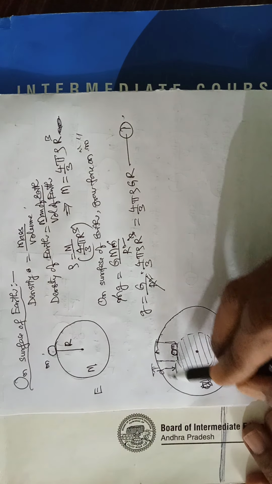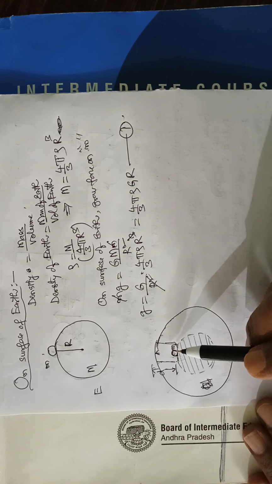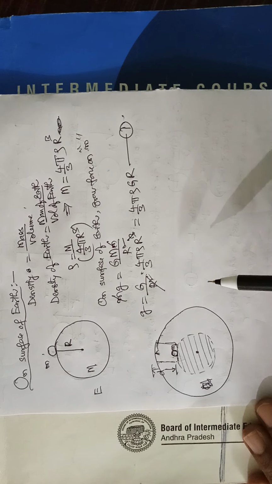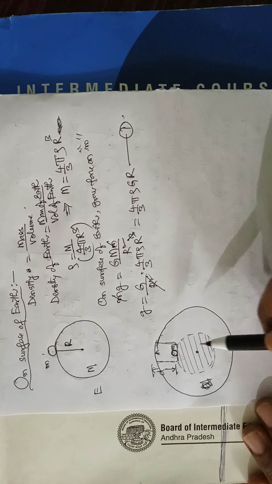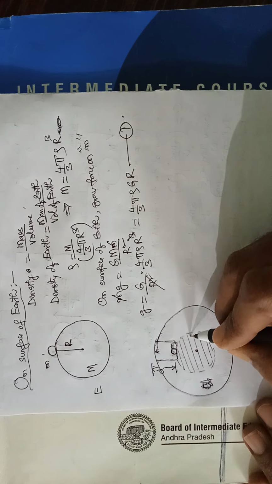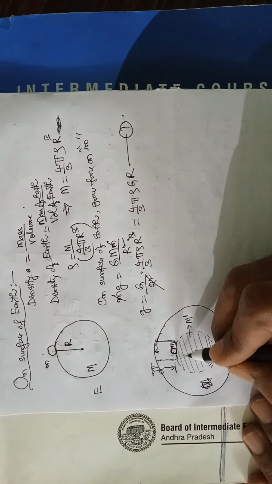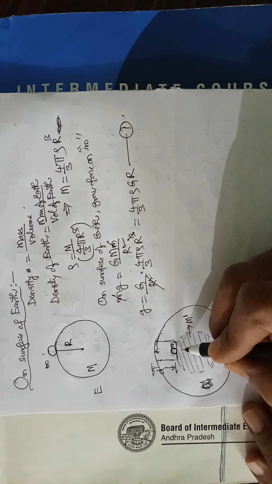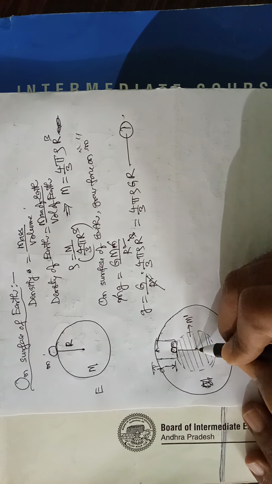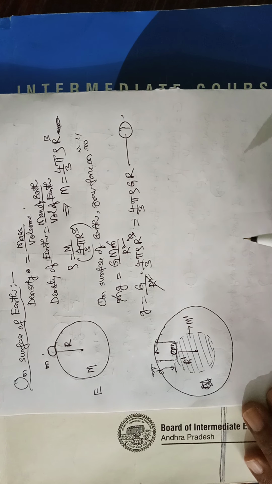This part doesn't attract. Only the earth under the mass will be attracting that. So now its mass is say m dash, and say its radius is r dash.